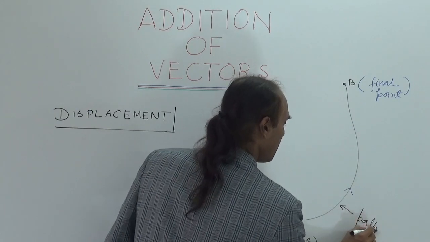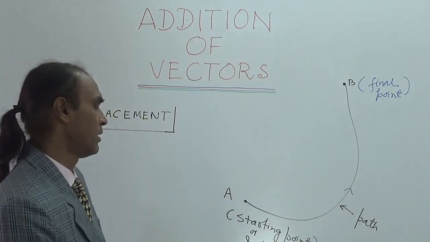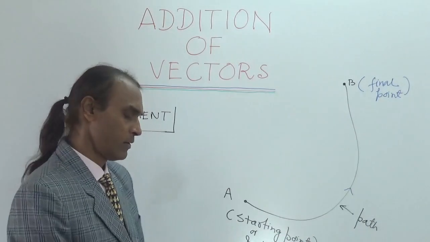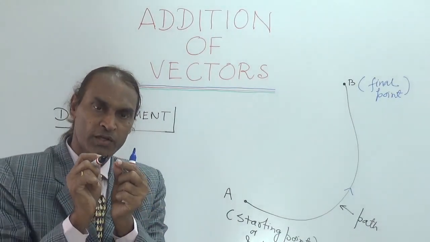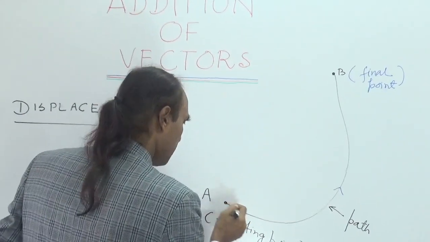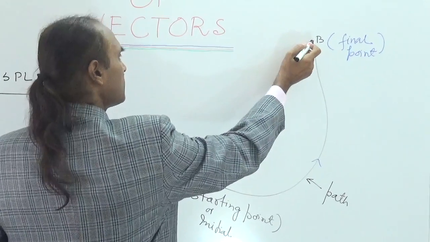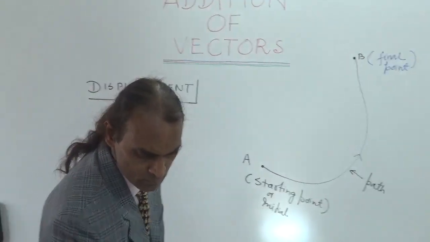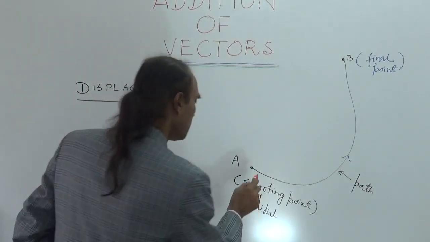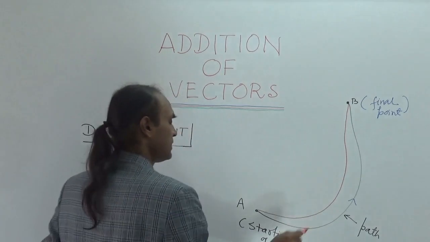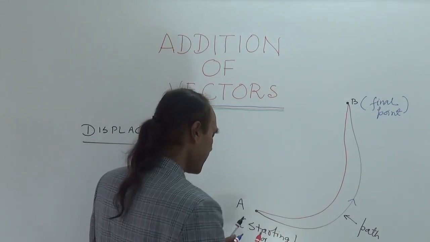Path followed by the object. What is the object here? The tip of the pen is the object. This follows this path, but it is reaching this point. I can follow any other path like this, and I can reach the destination again.